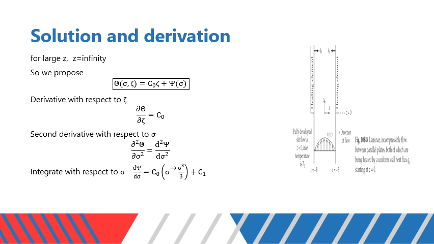Here we will consider c naught tau plus psi of sigma, and from there d theta by d tau is equal to c naught, and further d2 theta by d sigma square is d2 psi by d sigma square, and we will integrate with respect to sigma, and we will get c naught into sigma cube by 3 plus c1.